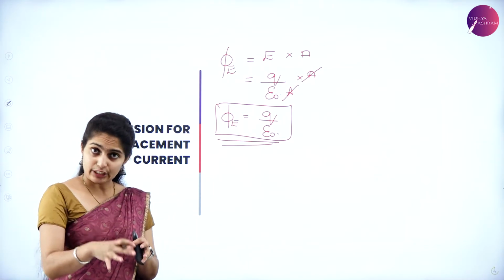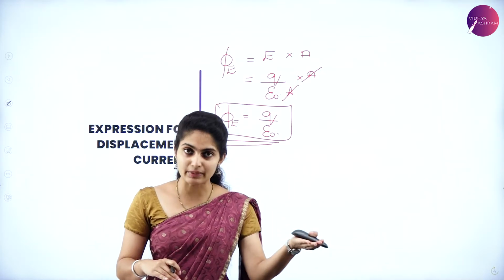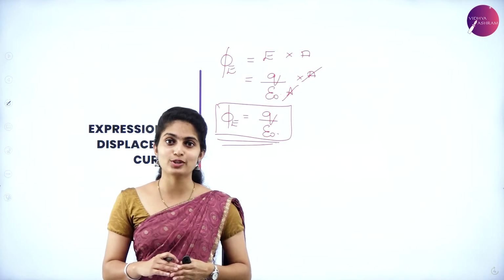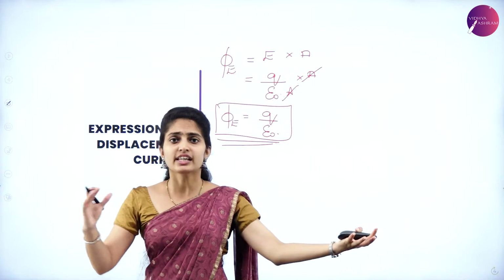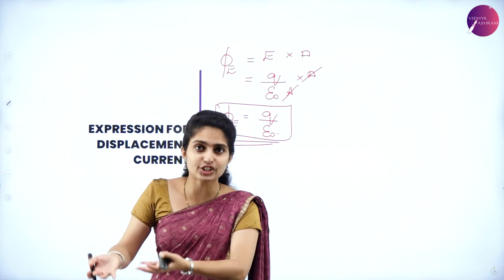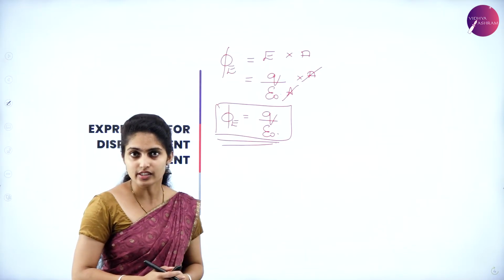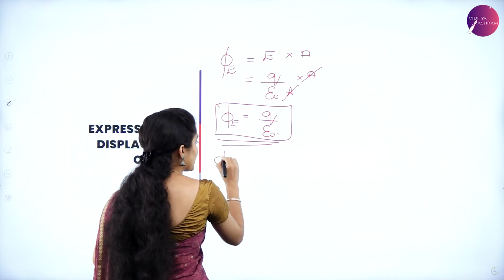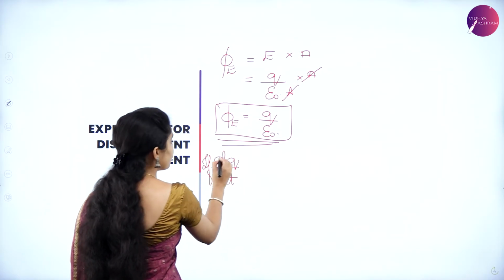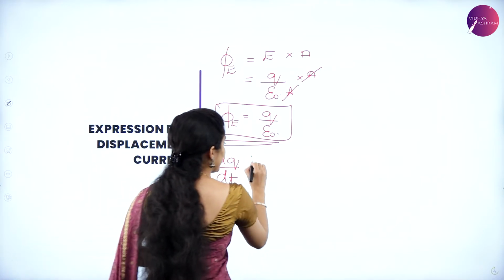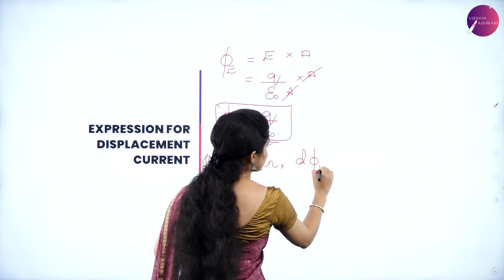So now, if there is a change in charge with respect to time, that means it is directly proportional to the change in flux with respect to time. If the charge changes, the flux also changes. That is, the field changes. Charge increases, field increases, flux increases. That is the concept. So suppose there is a change in charge with respect to time, dq by dt, then we have a change in flux as well.